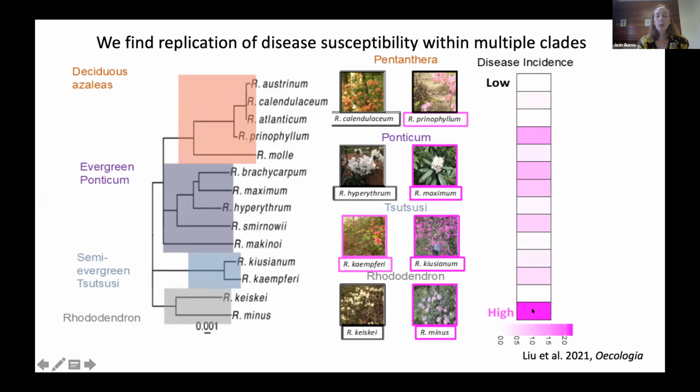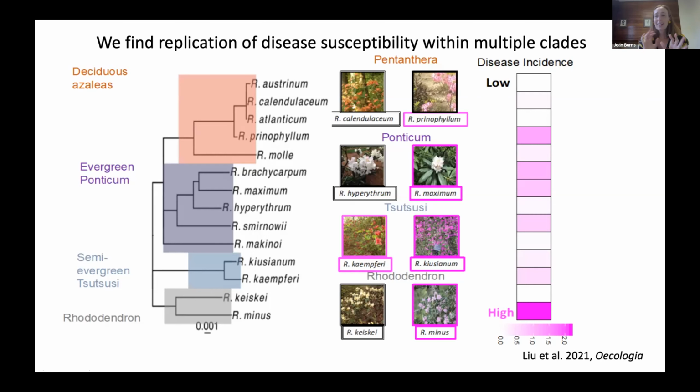And again, that's true down here in rhododendron: one of the most susceptible species in our experiment, Rhododendron minus, has a close relative, Rhododendron kiusianum, and very few of them died experimentally. This replication across groups allows us to ask interesting questions, like not only is there a benefit of the soil biotic community, not only is there the possibility of yogurt for your plants, but if yogurt for your plants were something one could develop, it might be general across groups.